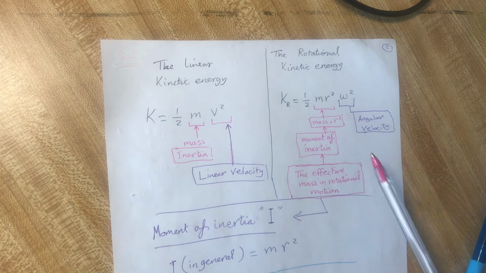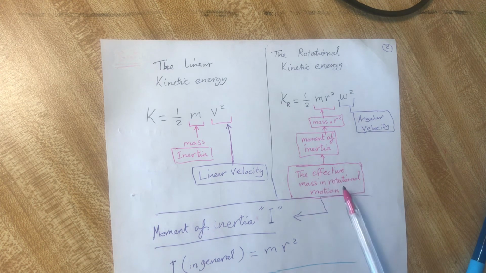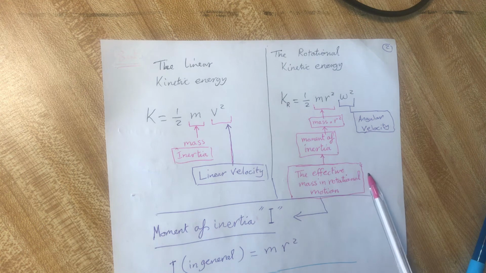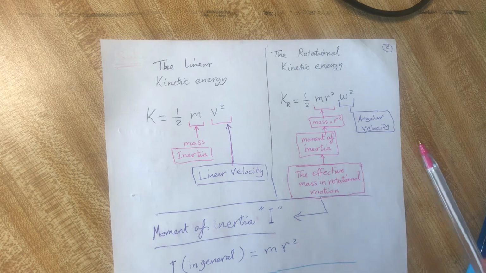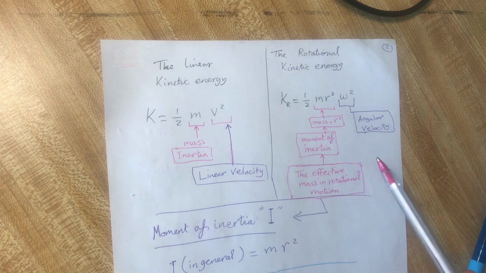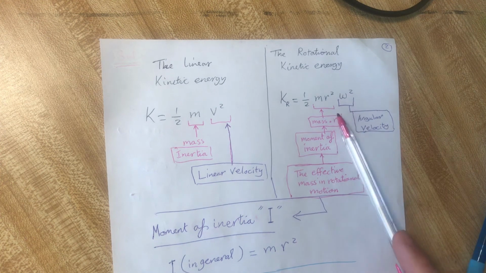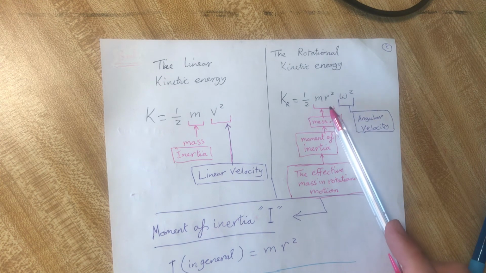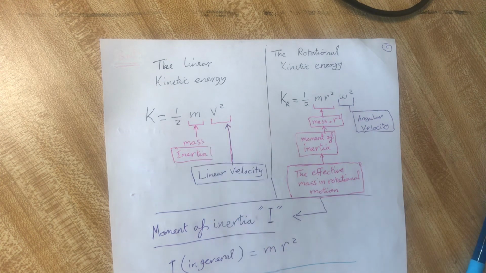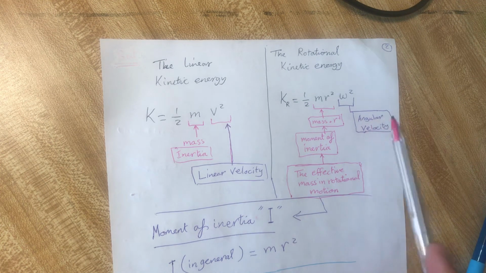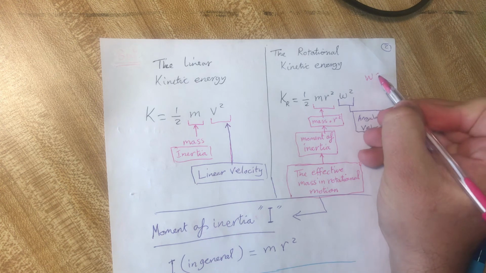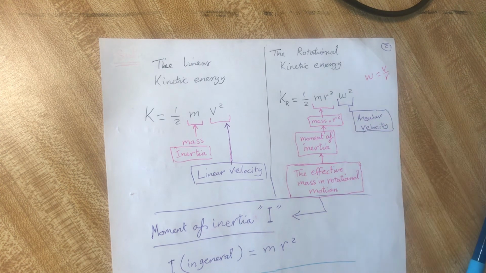It plays a role just like an effective mass in rotational motion. You will find this using various examples. You will see that this mass quantity is different from this one. Okay, the angular velocity. We know that omega is equal to v over r.